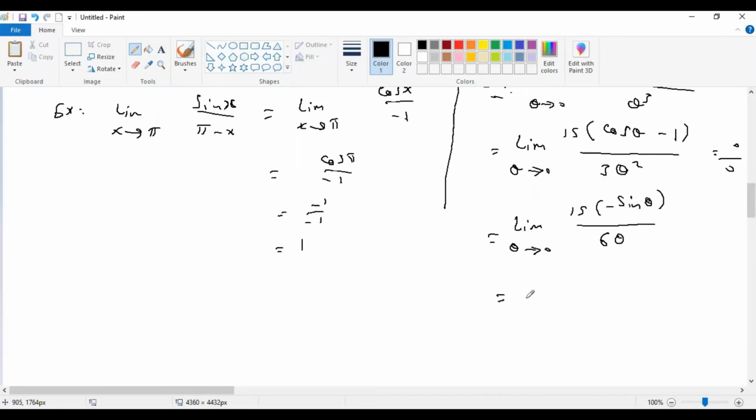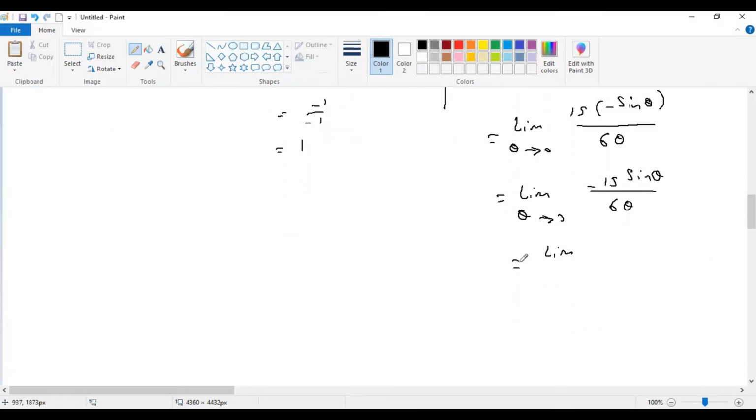Now this is the limit as theta approaches 0 of negative 15 sine theta over 6 theta. Sine 0 is 0, so we have 0 over 0 again. By L'Hopital's rule, it is equal to the limit as theta approaches 0 of negative 15 cosine theta over 6.